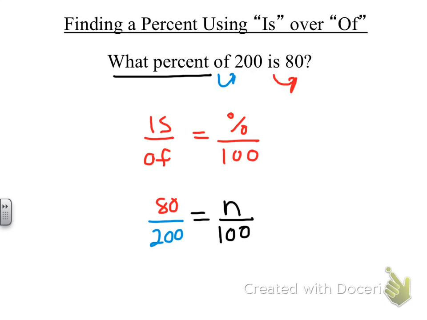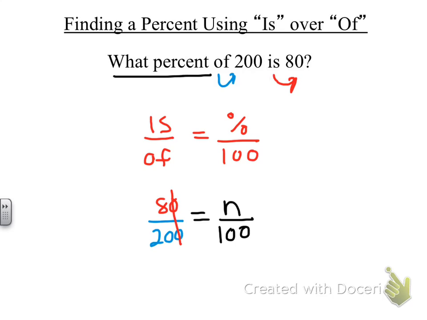Does that make sense? Okay, so now I do my cross. Now, you can reduce before you do the math. What can I simplify this by? Divide by 10. I could probably do more, but I'm just dividing by 10. So now what I have is 8 over 20.